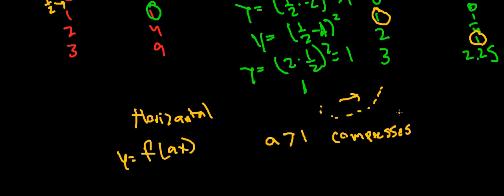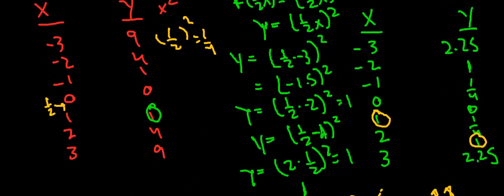If we look at it from a horizontal perspective, the graph is increasing faster than the original function. See, if instead of multiplying by a half, we were multiplying by 2, then instead of 2 times 1/2, in each case we'd get 2 times 2, which is 4. So it would be like we were solving for 4 for this function.